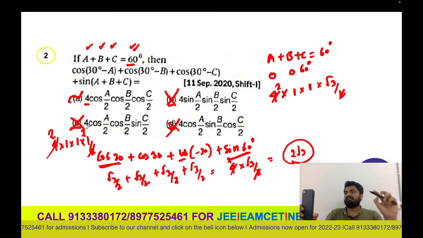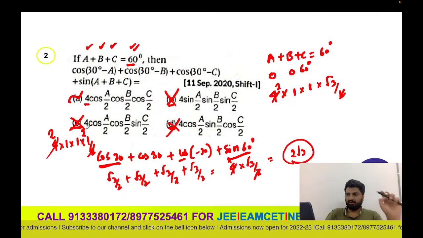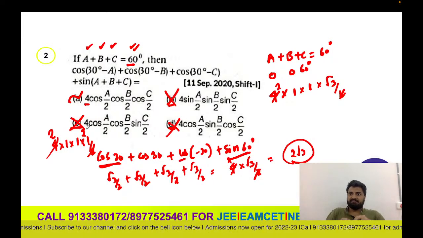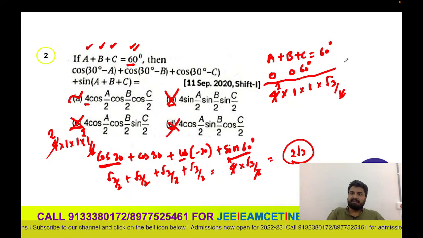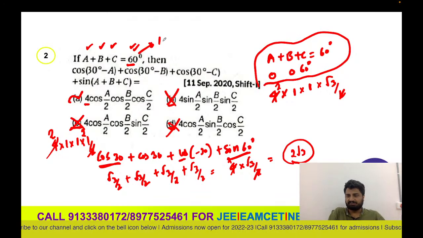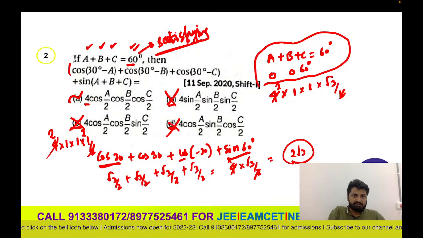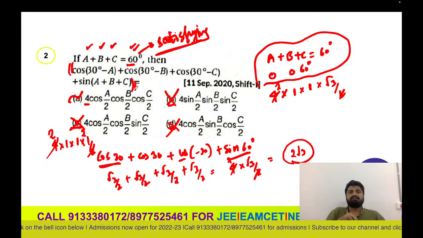I hope this is clear to everybody, all of you, those who have joined. So all I've done is, I have assumed A, B, C values which were satisfying the initial condition, and then I have substituted in the question and verified the options.